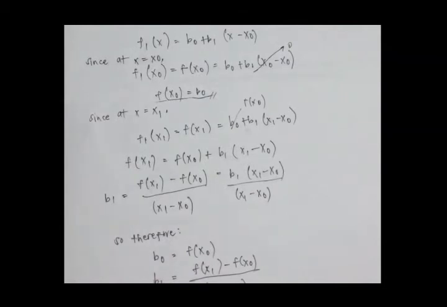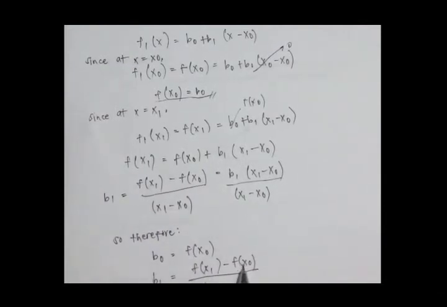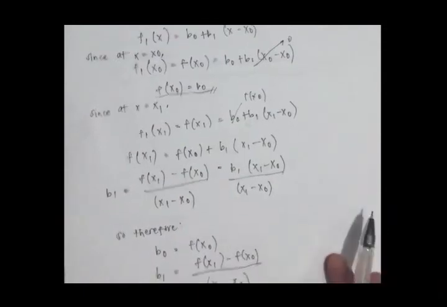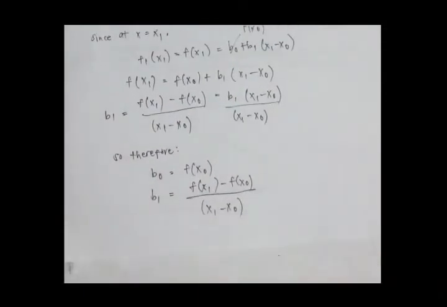Kaya na nating makuha si b sub 1 by simply subtracting the values of the function at 2 points that was given, divided by the difference between the two x values that was given on a specific example or problem. Ganun.